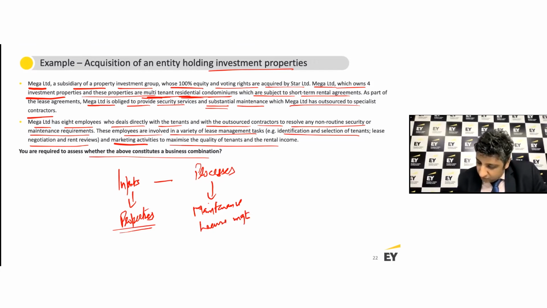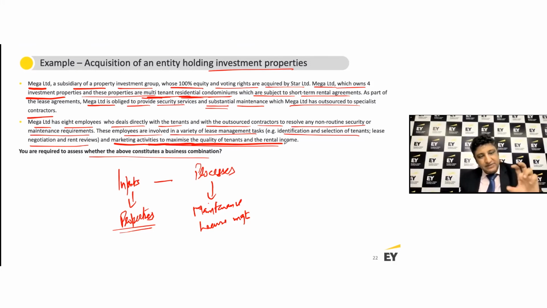And here you would need to understand that the objective of these lease management tasks and marketing activities is to ensure that the returns are increasing, and the quality of the tenancy or the tenants is maximized, right? So the objective is not just to manage a set of operations, but it is rather to execute it in a manner that your returns are maximized. So the objective is rather strategic rather than administrative.